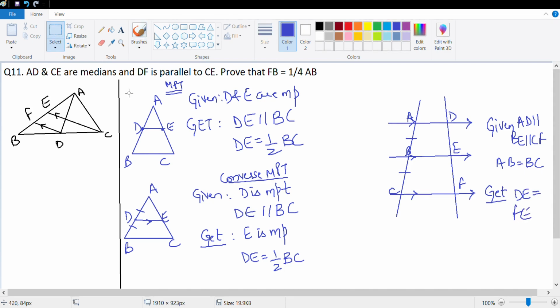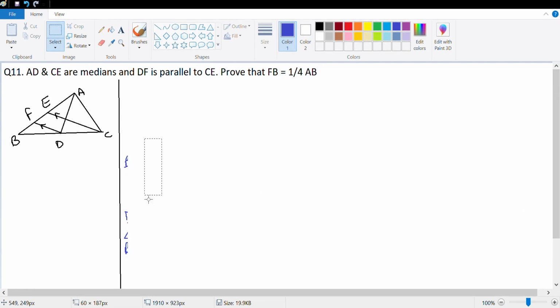Now let's move on and solve some questions. We are now on question number 11. AD and CE are medians. So let's write this down. AD is a median, which means BD is equal to CD.